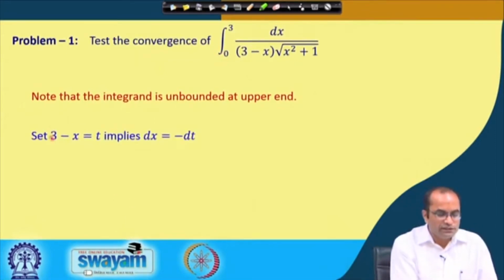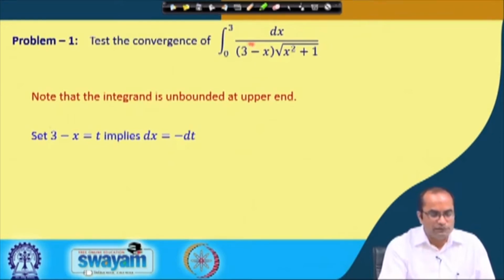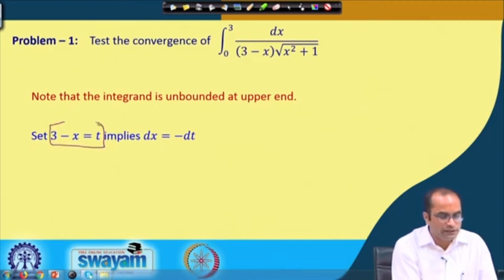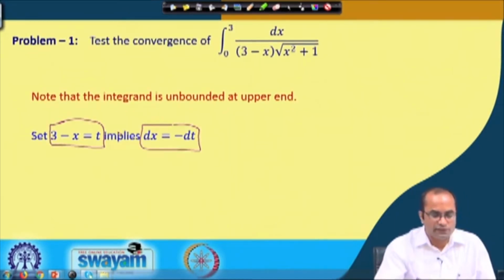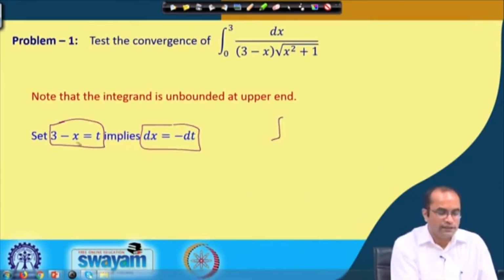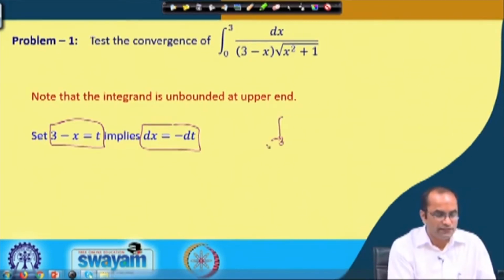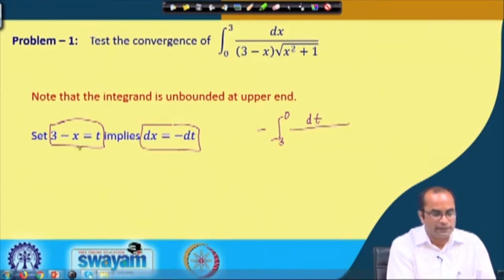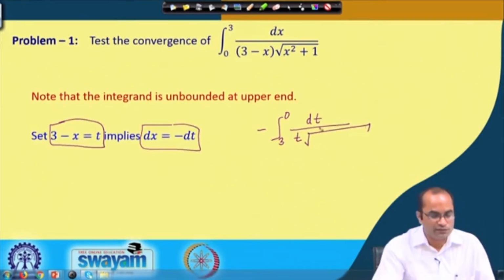So, we substitute 3 minus x equal to t, which implies dx is equal to minus dt, and our integral will become: when x was 0, t is 3, and when x is 3, t is 0, with this dt with a minus sign, and then 3 minus x is t, and x squared plus 1 becomes (3 minus t) whole squared plus 1.